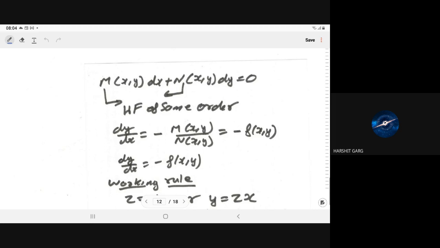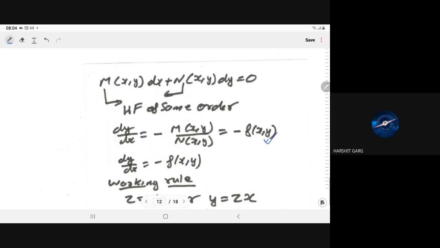M and N should be homogeneous functions of the same order; whatever the order of M, the same order we must have for N also. That can be written as dy by dx equals minus M(x, y) upon N(x, y), which can be written as minus f(x, y).